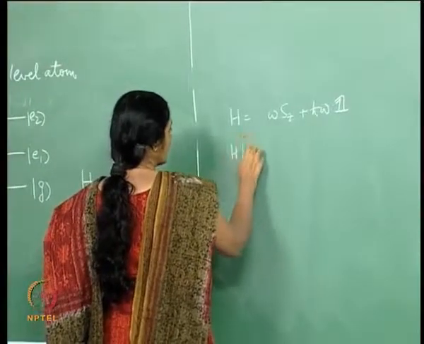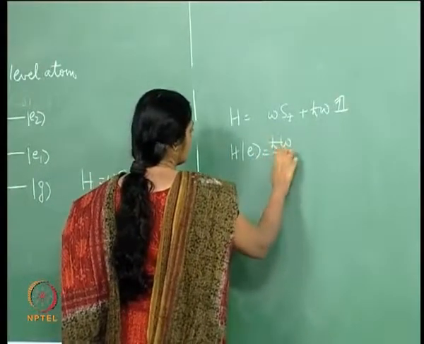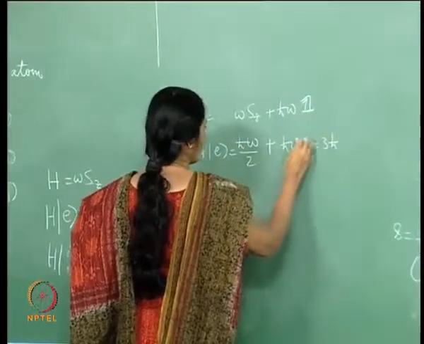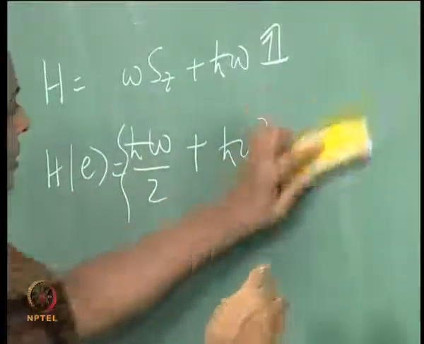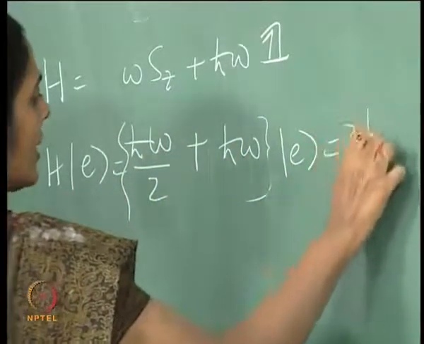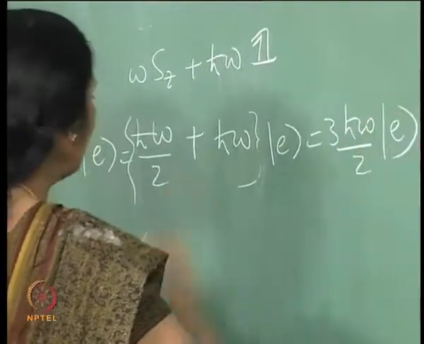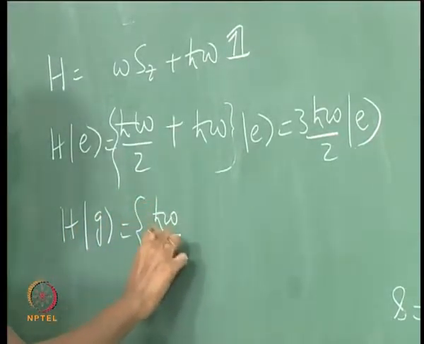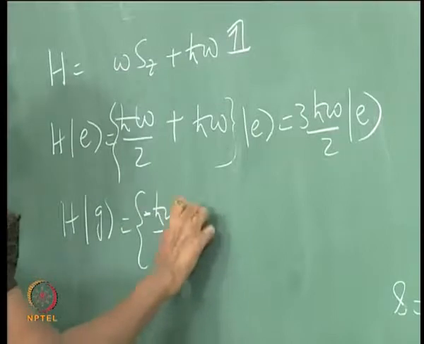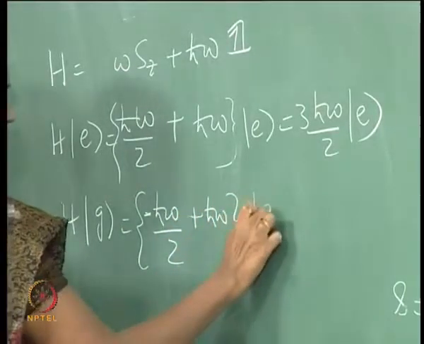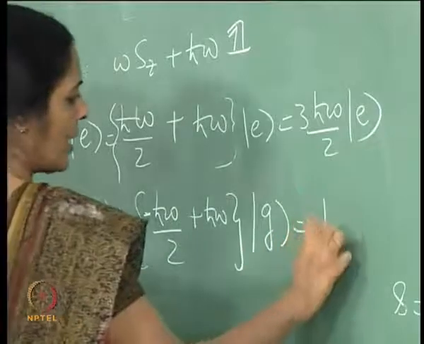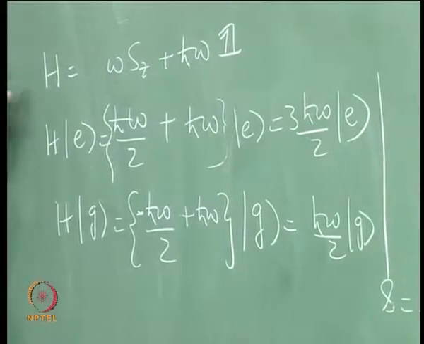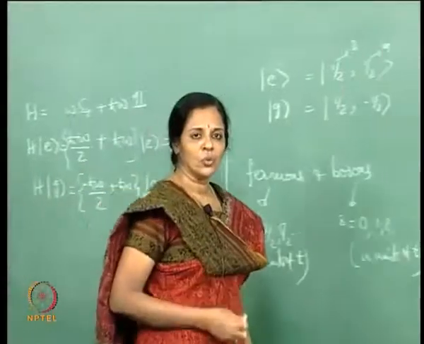In that case, it is clear that I pick up an extra h cross omega from here, and therefore I will have a net energy value 3 h cross omega by 2 E for the excited state, and for the ground state I have minus h cross omega by 2 plus h cross omega, and that is the same as h cross omega by 2 G, which is a positive quantity. So this is how I would construct the Hamiltonian for the 2-level atom.